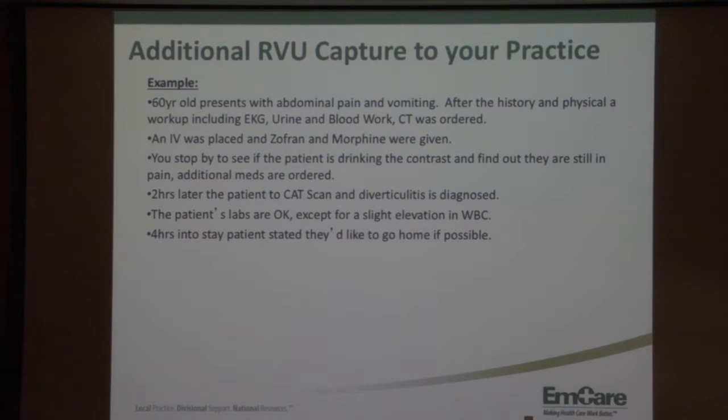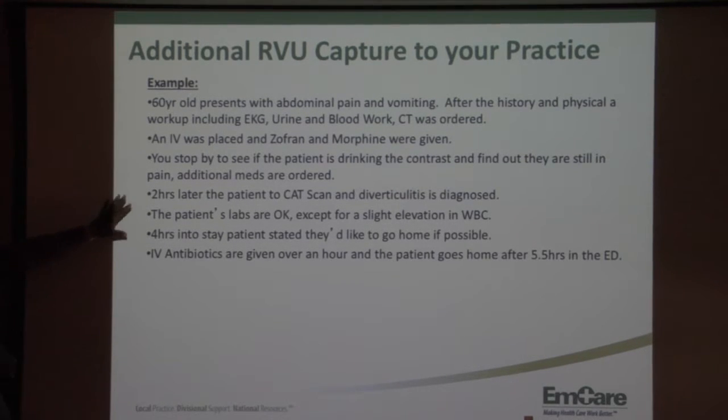Labs are okay, slight elevation in WBC. 4 hours into the stay, the patient says they want to go home. We give them IV antibiotics, say there's focal diverticulitis, and feel it's safe to send them home with some PO antibiotics. That's an observation case. Very easily, we could have admitted the patient for diverticulitis. Still, we have a disposition. This just happens to be one that we sent home.